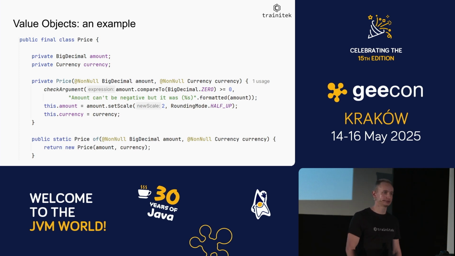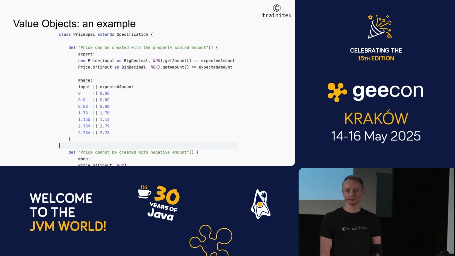So we should have only 2 digits after the decimal point. And as well, business decides that there should be no price below 0, right? So that's a perfect example of the price. As I said, that should be unit tested, and you can easily write a unit test for that.